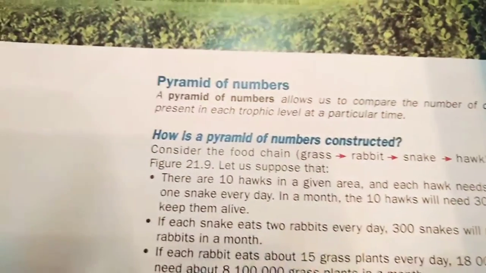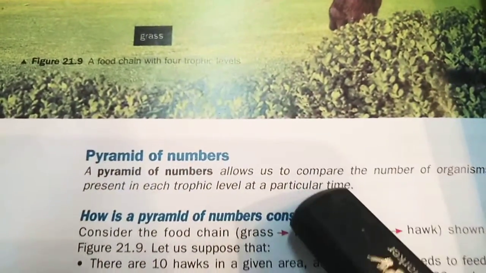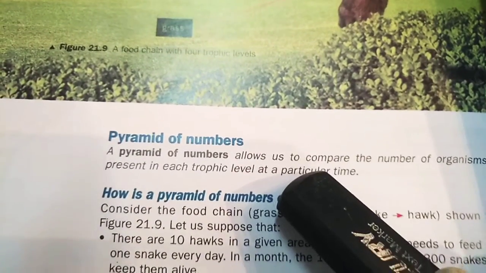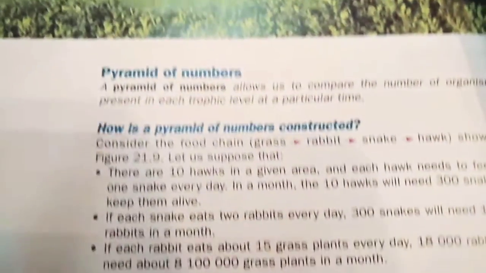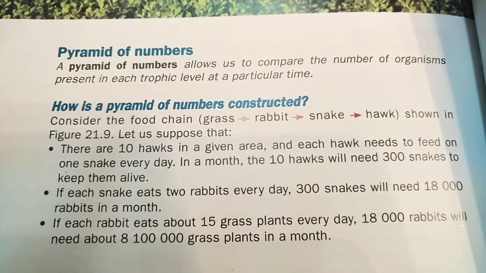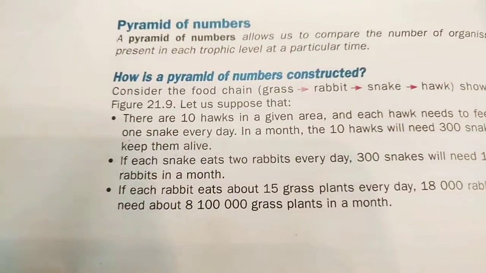This statement that the particular time means basically this energy flow is happening in a specific time period at a specific area. How is the pyramid of number constructed? Consider the food chain grass, rabbit, snake, hawk, the above one food chain. So what numbers has the book given to you?